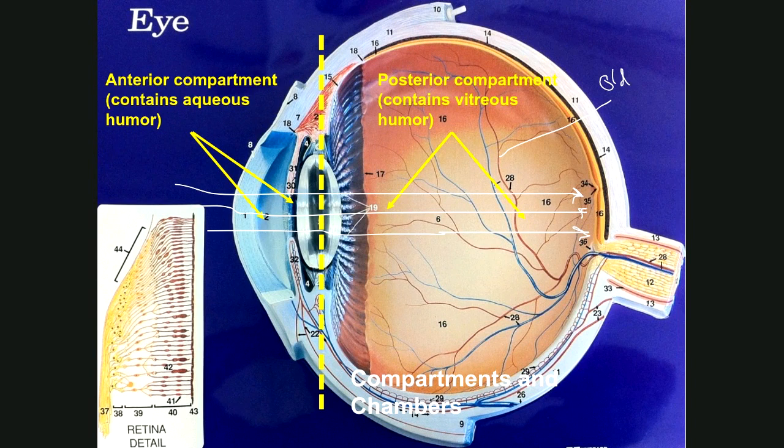And what happens to it is the same thing that might happen to, say, jelly if you left it in the refrigerator for 20 or 30 years. It begins to become discolored. It turns sort of a yellow color. And so old people have a yellowish tinge to their vision because of this vitreous humor.